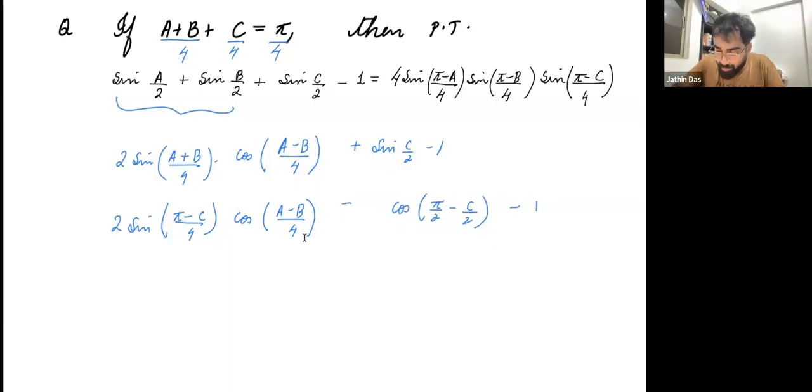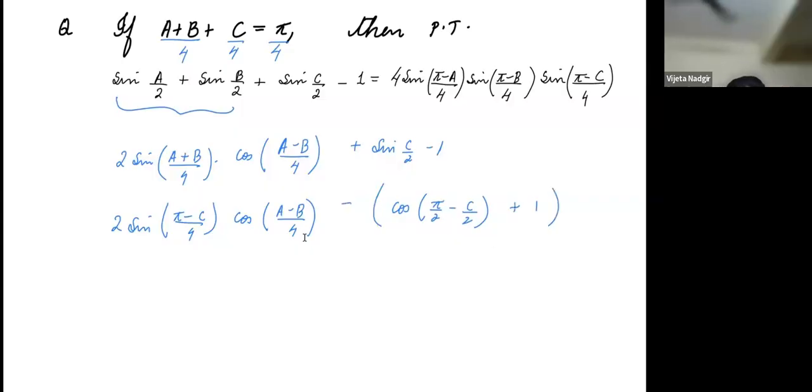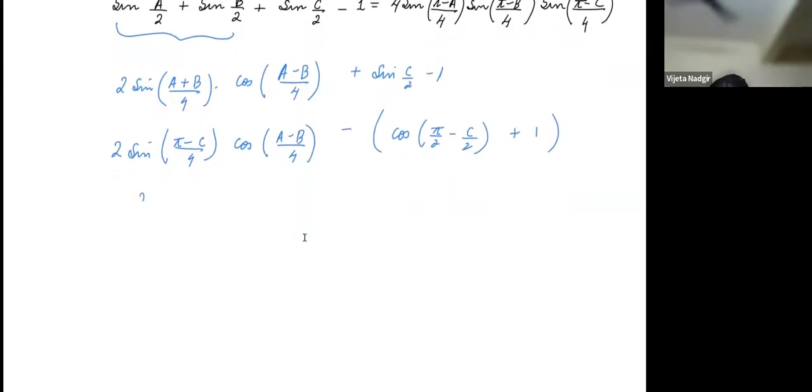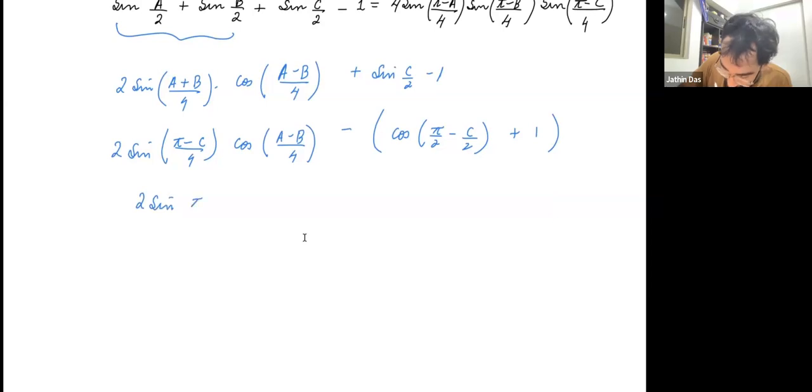So I took a negative common and kept like this. Okay? Now 2 sin pi minus C by 4 into cos A minus B by 4 minus 1, minus 1. Sorry, ये minus आना चाहिए ना?